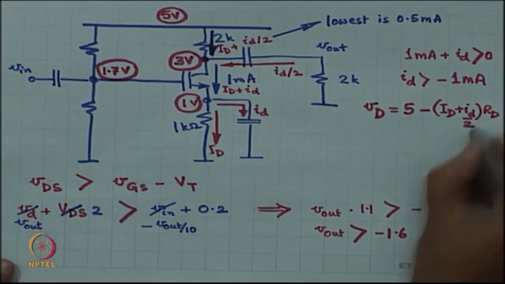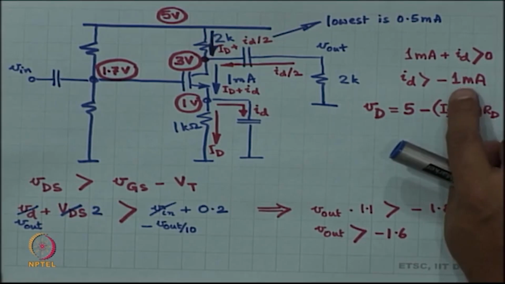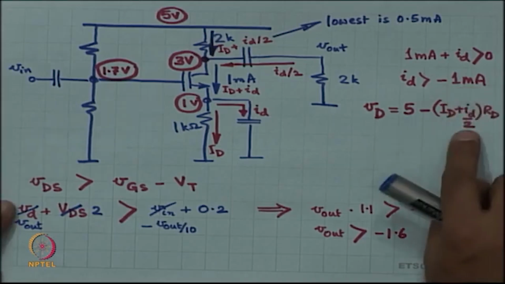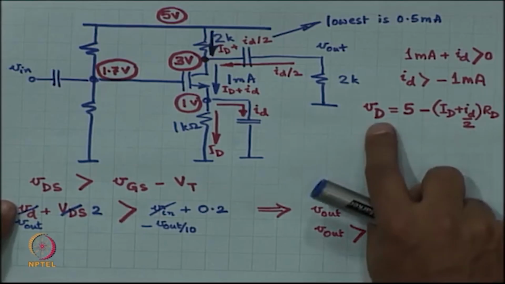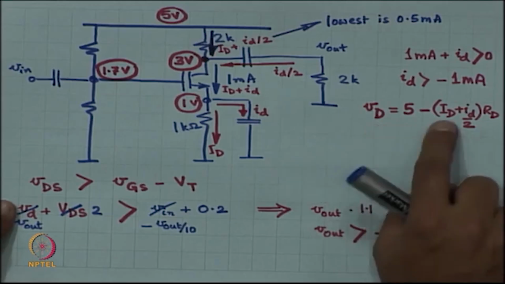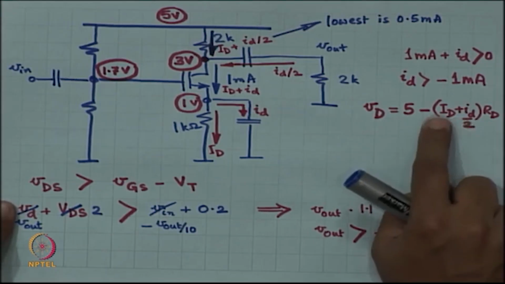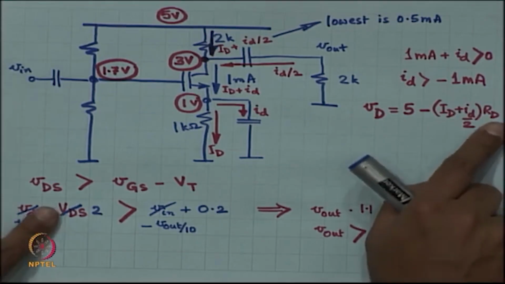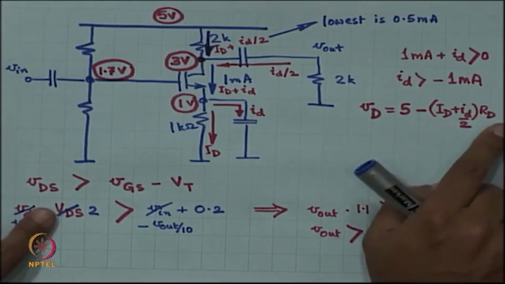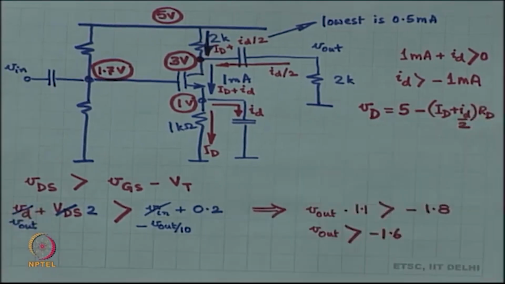And here you are saying that small ID has a smallest value of minus 1 milliampere, it is always larger than that, and therefore, VD has the largest value. You plug in capital ID 1, small ID minus 1, so 1 minus 1 by 2. So, this is half, capital RD is 2 kilo ohms, half times 2 kilo ohm is 1 volt. So, the largest value of VD is 4 volts.